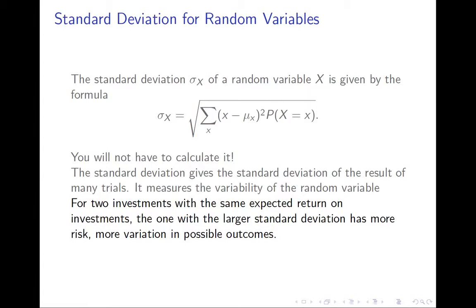So what are high standard deviation investments? They're things like junk bonds or startup companies, where you might make huge amounts of money or you might lose it all. Low standard deviation investments are blue chip stocks and government bonds, where you're pretty certain about the amount of money you're going to make going in.